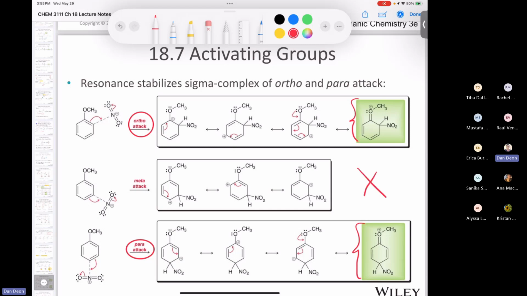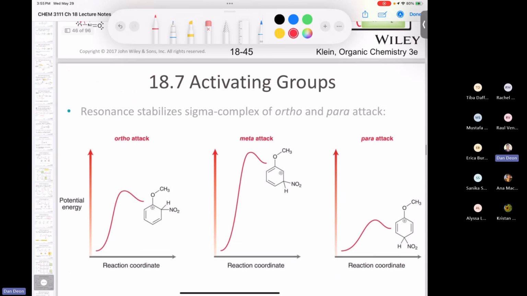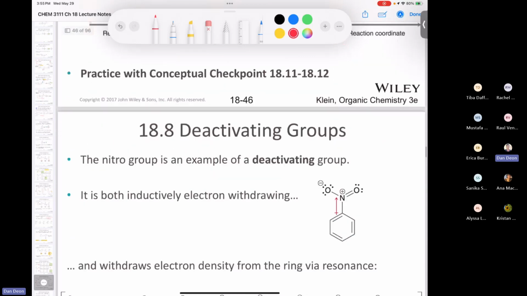Since the sigma complex formed from ortho or para attack has an extra resonance contributor, it's more stable, it's got a lower activation energy. The methoxy group donates to the ortho and para positions, so that gives you the whole key there. If you look at the reaction coordinate diagram, you see the activation energy for the meta attack is much higher than for ortho and para.